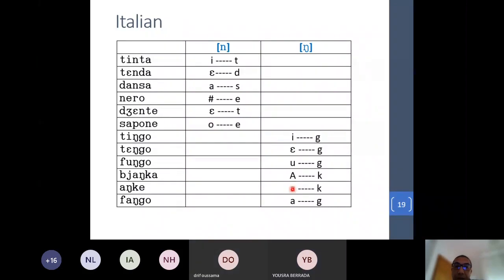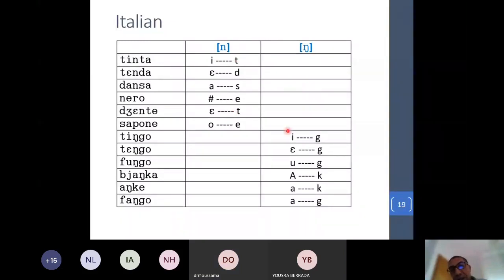E here is the same, A is the same. So the left environment is not a good way. Let's have a look at the right environment. When you look at the right environment, you see that the environments for the alveolar n and for the velar n are different.